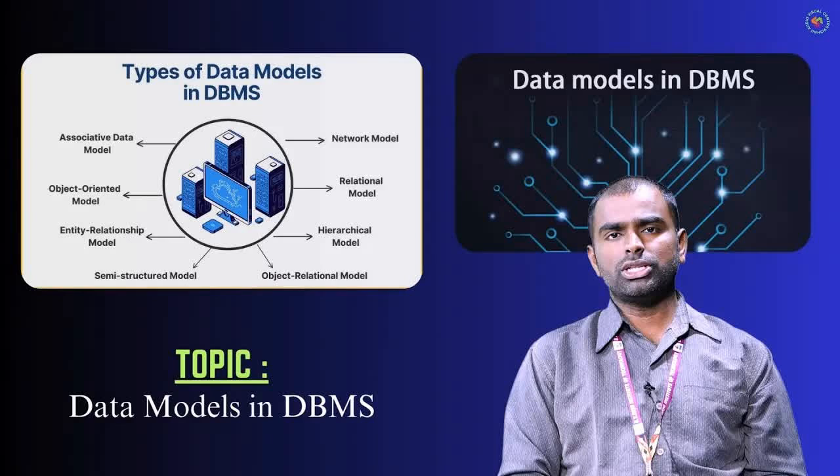Object relational model is Oracle with object extensions. Oracle is a software package that maintains the data. In that you will see the object extensions, different objects, how they are stored, and how they are connected to each other.